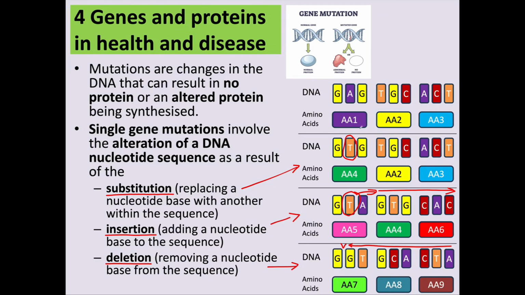Now, if we compare the amino acid sequence that makes up the first protein here, 1, 2, 3, and we compare it with substitution, we can see only one of the amino acids is changed. When we look at insertion, we can see 1, 2, 3 of the amino acids are changed, i.e. all of them. And when we look at deletion, also 1, 2, 3 have been altered and produced a completely different protein here.